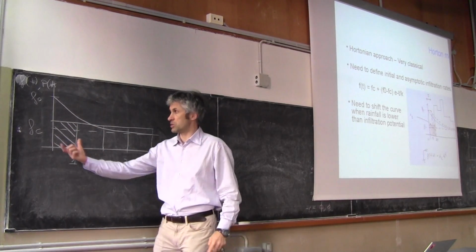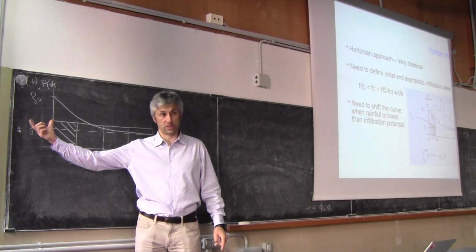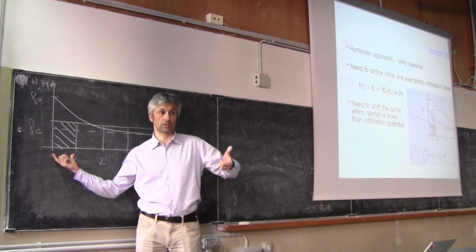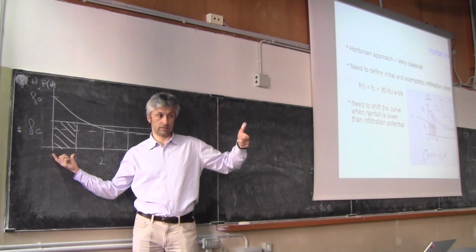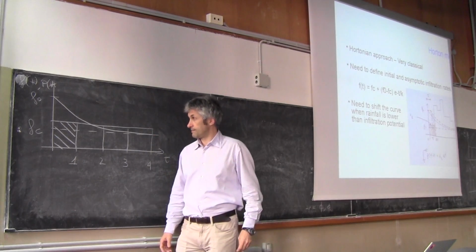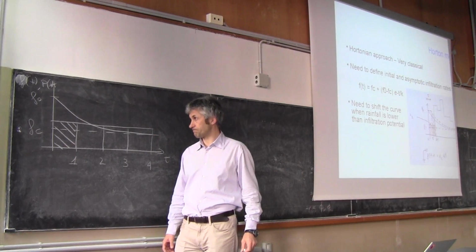Why this volume? Because here you have an intensity of precipitation multiplied by time, you get a total amount, length is the unit of measure of infiltration. Okay.